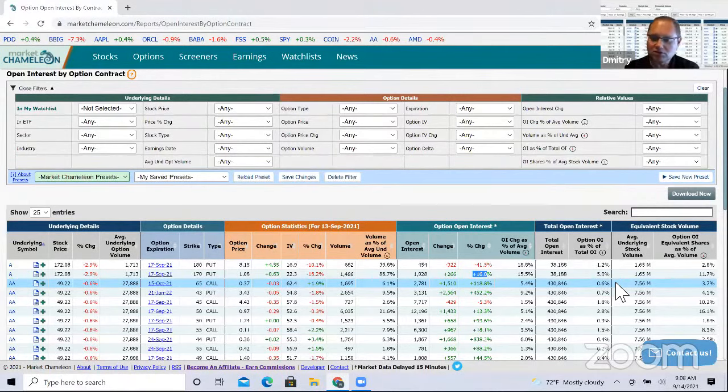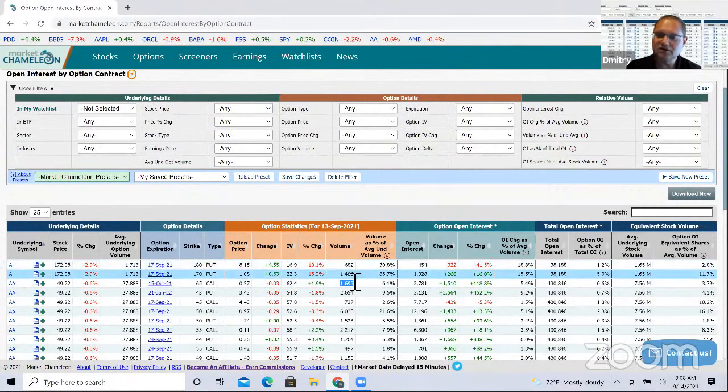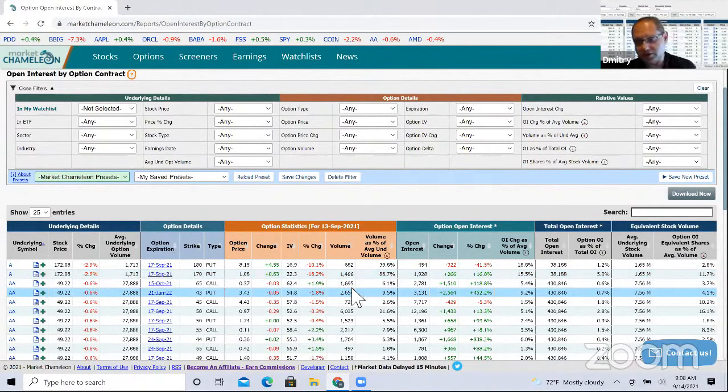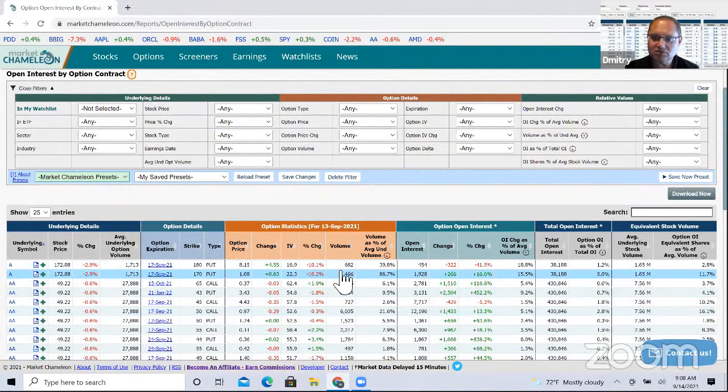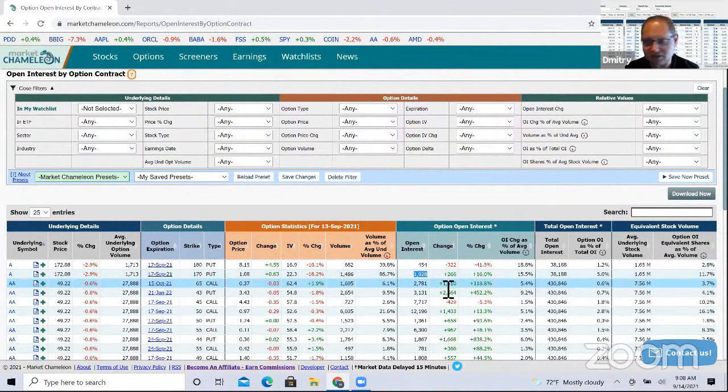The volume updates throughout the day. Right now we're closed, so we're looking at yesterday's volume. When the market's open, there's going to be new volume, so that will change, but the open interest will not change until tomorrow. So volume changes intraday, open interest once a day, calculated by the OCC.